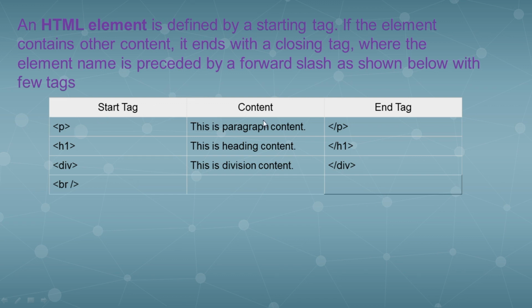Whatever tag is started, if it contains other content and is closed by a slash, it is termed a container tag. For example, the paragraph tag is a container tag, the heading tag is a container tag, and the div, or division tag, is also a container. The br tag, the break line tag, does not contain anything; it is a non-container tag.